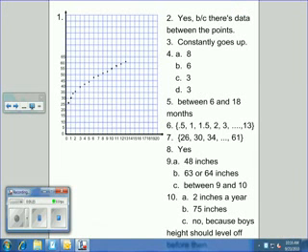Yes? Well, you just look to see, at 18 months, he was at 34 inches, and at 6 months, he was at 26 inches, so you just subtract that.